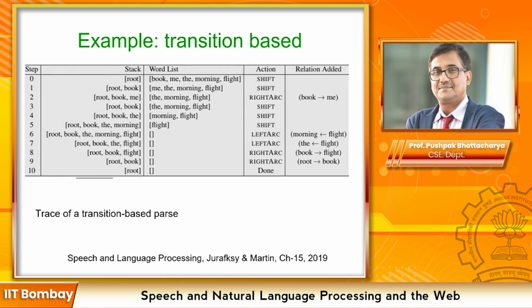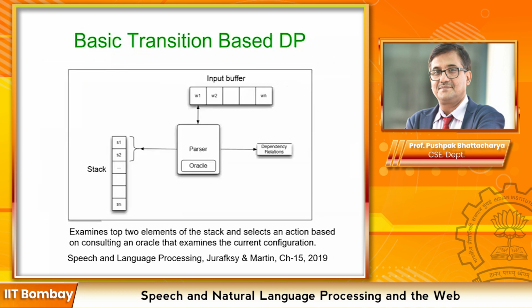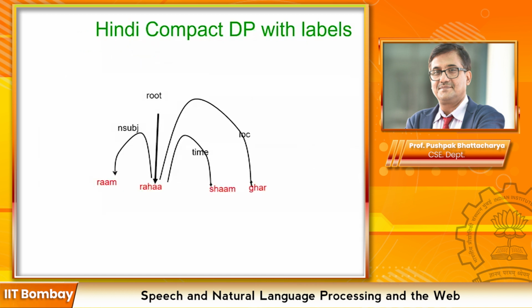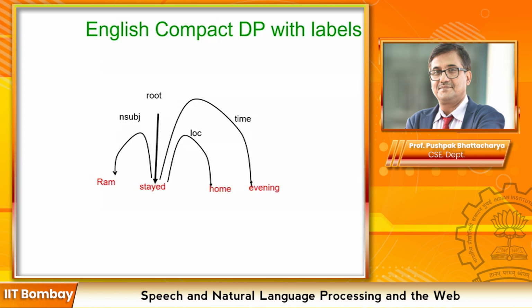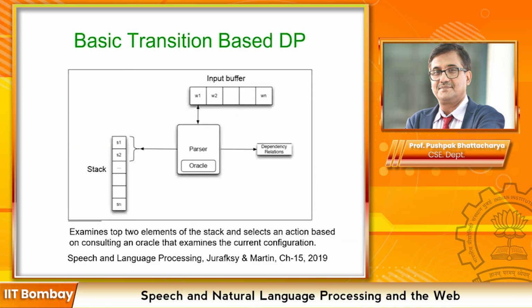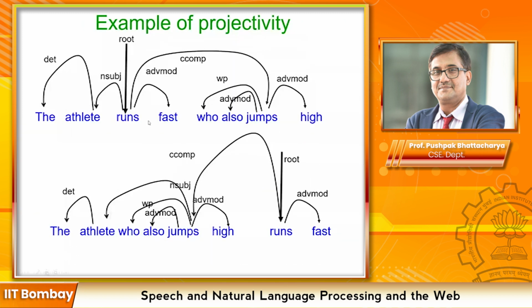In particular, please put this as an exercise, Satyam, or somebody who is in charge of taking the exercise today. So if you have these projective and non-projective sentences: "The athlete runs fast who also jumps high" is non-projective. "The athlete who also jumps high runs fast" is projective.